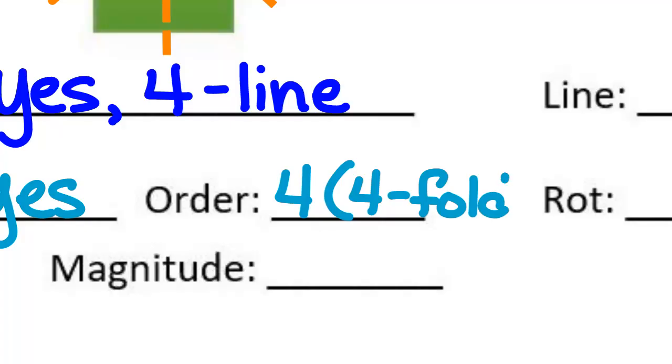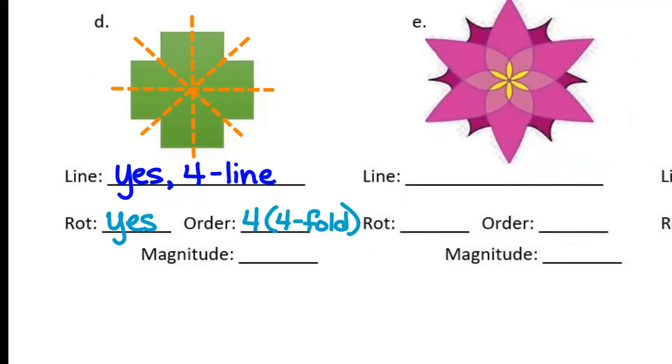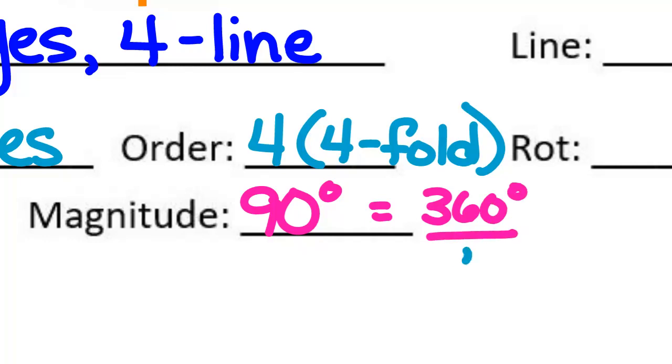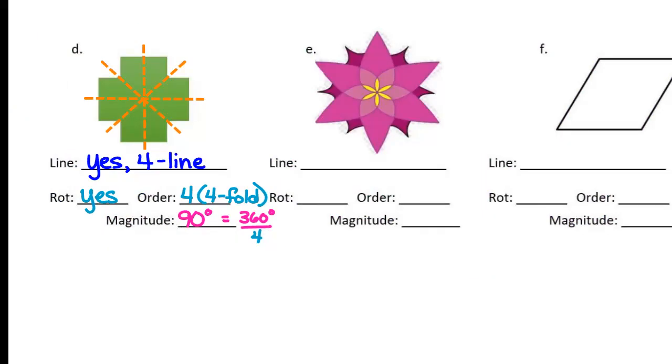And that would give me a magnitude of 90 degrees. 360 divided by 4. Arian, when I see I have line symmetry, I will usually think, hey, I bet I have about that as the order. It's not always perfect, but it gives me something to look for in a starting place.